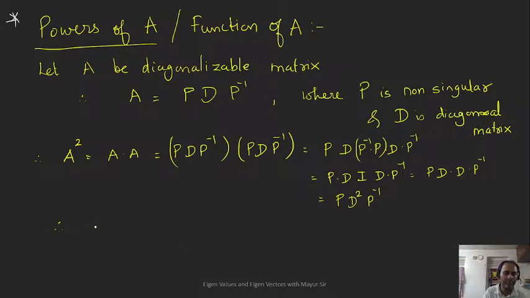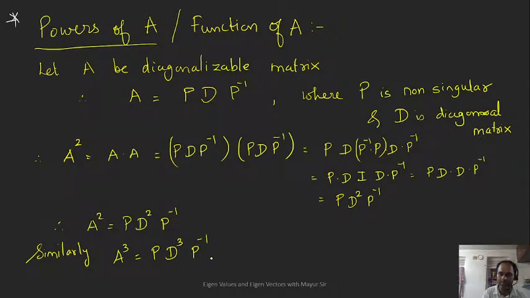So therefore what I concluded here is A raised to 2, or A square of a matrix, is P D square P inverse. Similarly, I can do it for A raised to 3 also. A raised to 3 will be P D raised to 3 P inverse.